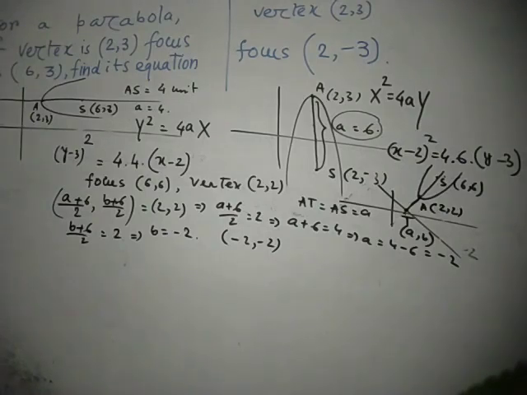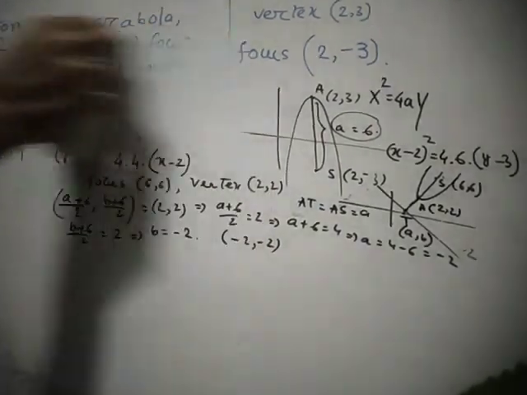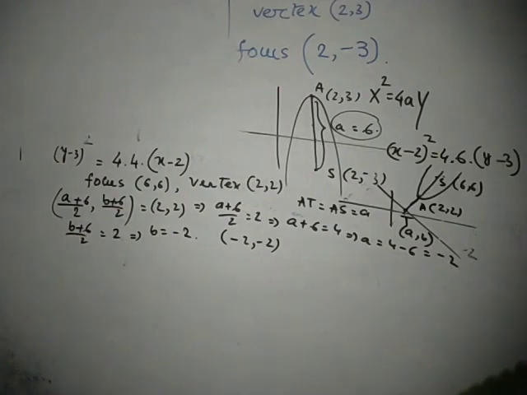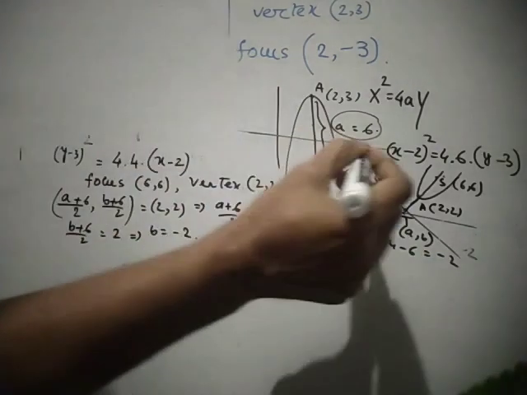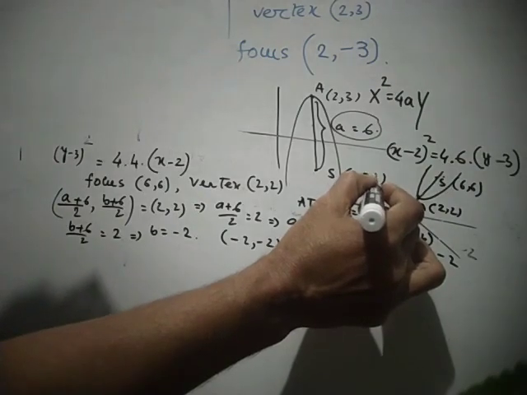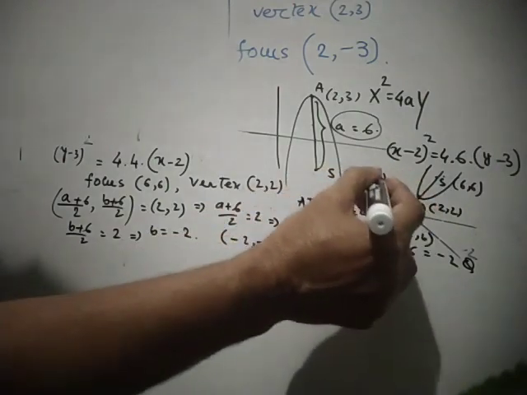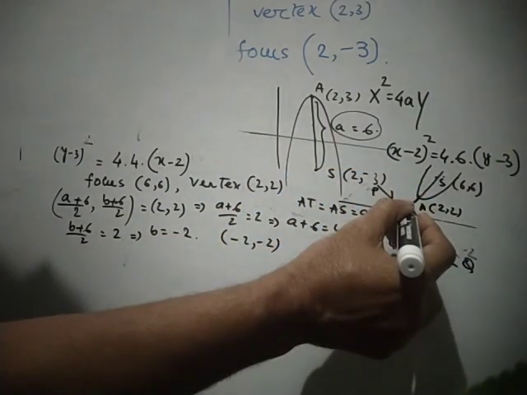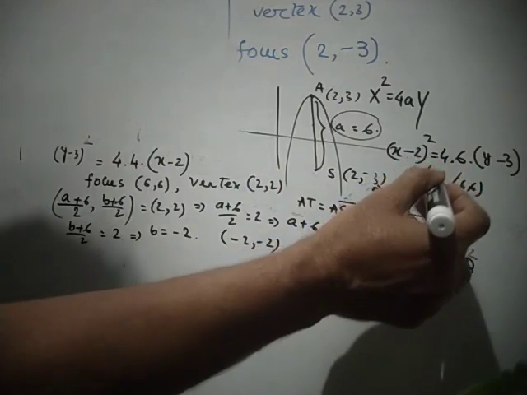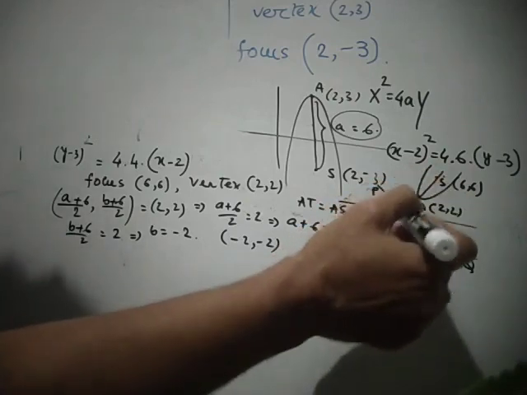Now if we have to find the equation of this line, this directrix, suppose this directrix line is PQ. So how to get it? We know one point for the directrix. We have to find the slope of this line, because the directrix is perpendicular to the axis.